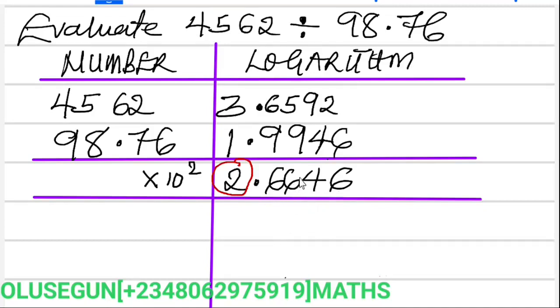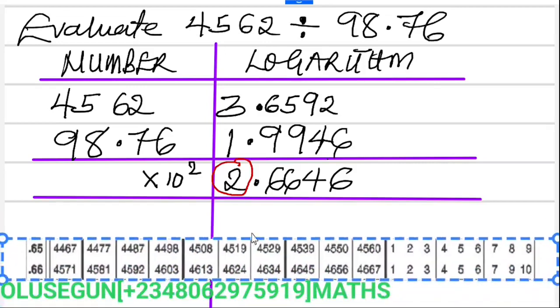Apart from that, they have written the antilog on the top of the antilog table. So let's see how to locate antilog now. You see now, from the antilog table here, you see 0.66. So 0.66 under 4, difference 6. So let's have our rough work here.